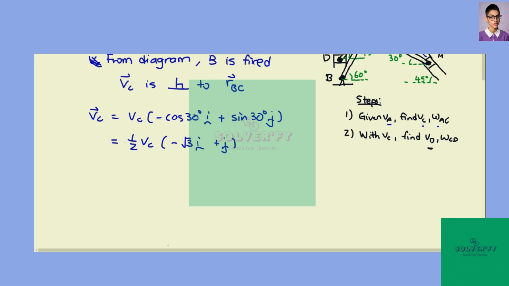So given VC, we can find omega AC because we have an equation that links A and C, through this relative velocity equation.